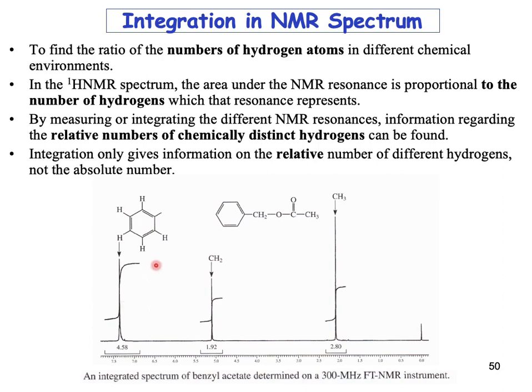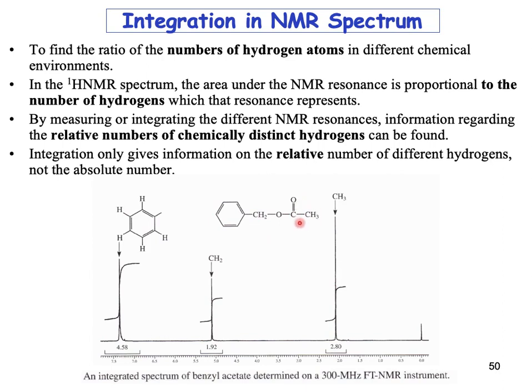In this case you can see aromatic protons 1, 2, 3, 4, 5. So this integration at this ppm means 5 protons have the same chemical environment. This is called the integration. This molecule has how many different types of protons? 1, 2 and 3, three different types of protons, right?